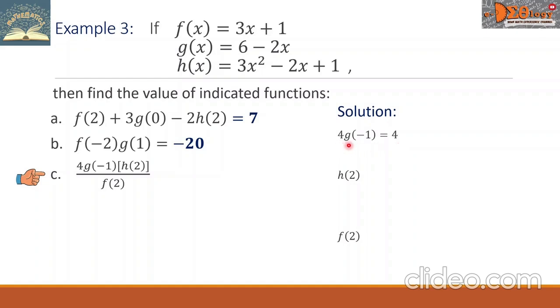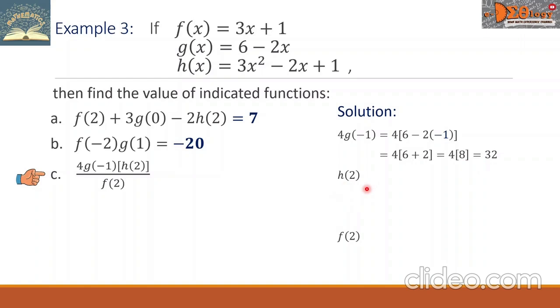Then we evaluate g of negative 1. Our g of x is here. 6 minus 2x now becomes 6 minus 2 times negative 1. This negative 2 times negative 1 is positive 2. So 6 plus 2 is 8, times 4 equals 32.